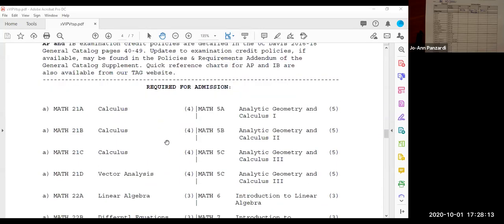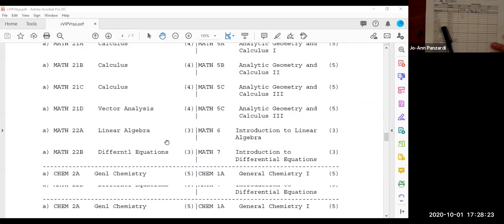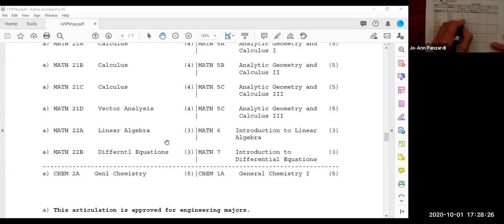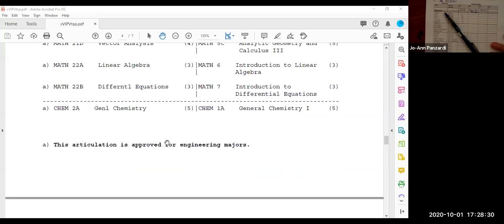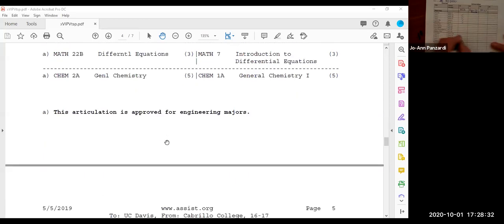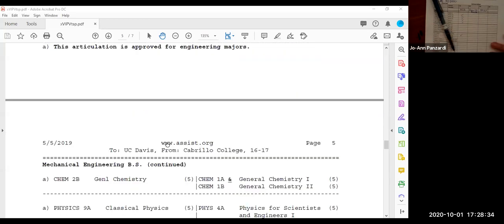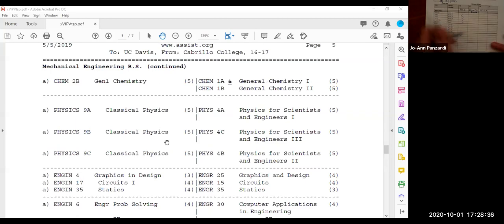Can everybody see my table here? I have UC Davis for mechanical engineering, and I see that Math 5A, B, and C is required. I see 6 and 7 is required. And actually, I know this by heart, but Chem 1A is required. Chem 1B is required. Physics 4A, B, and C are required.